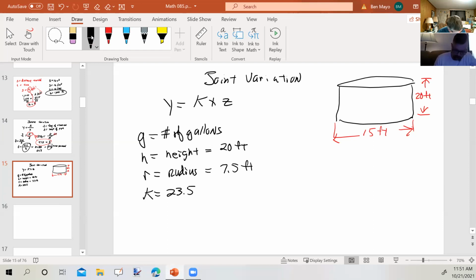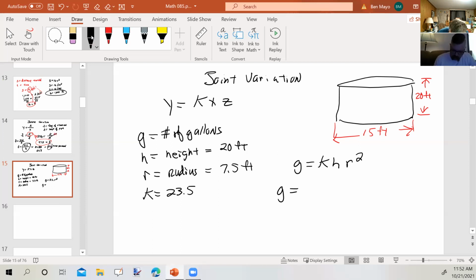The number of gallons of oil that can be stored in a cylindrical tank varies jointly, so G equals K, as the height of the tank, H, and the square of the radius. So G equals K H R squared. Any questions about how I got that formula? Alrighty. Negative. So let's plug everything in.